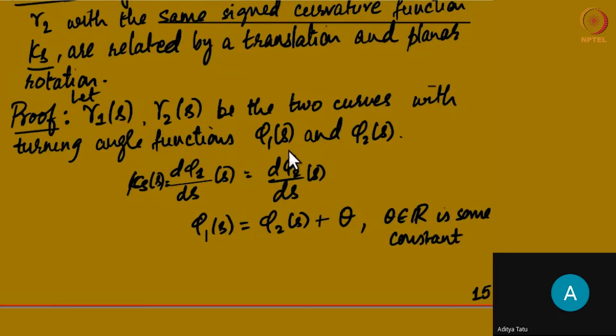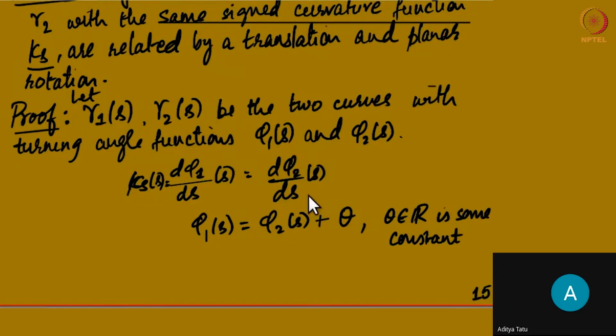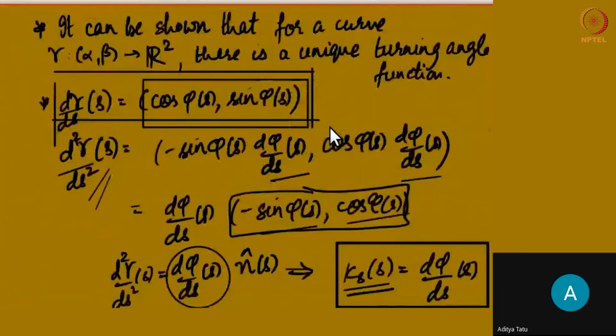So now, in terms of these turning angle functions, what is the tangent vector? Again, this is d gamma by ds, right? That's your tangent. In terms of turning angle, it's just cos of phi of s, sine of phi of s.